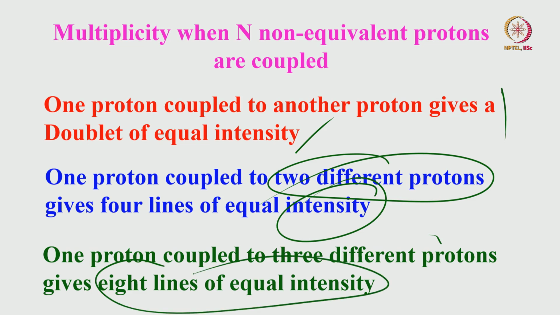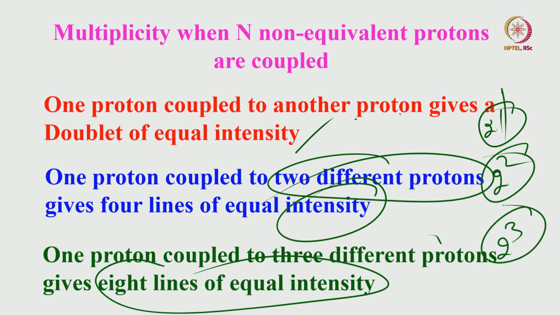So simply you can generate a formula. This is 2 to the power of 1, this is 2 to the power of 2, this is 2 to the power of 3. 2 to the power of 1 is 2 lines, this is 4 lines, this is 8 lines. So the number of peaks you are going to get when one proton is coupled to n other protons is given by 2 to the power of n.